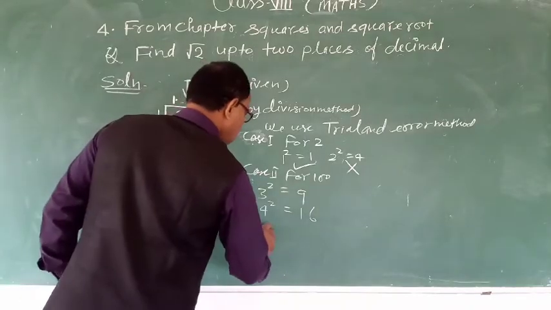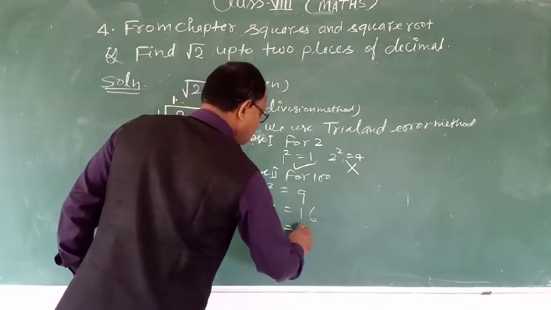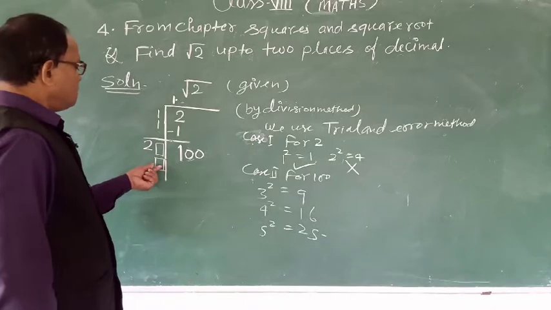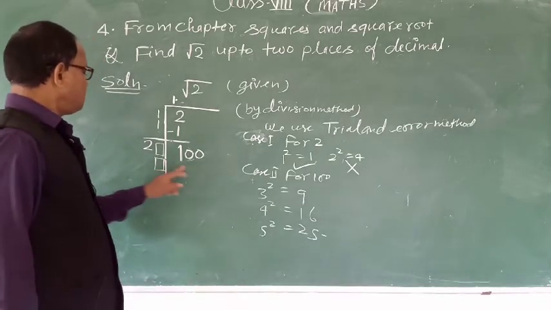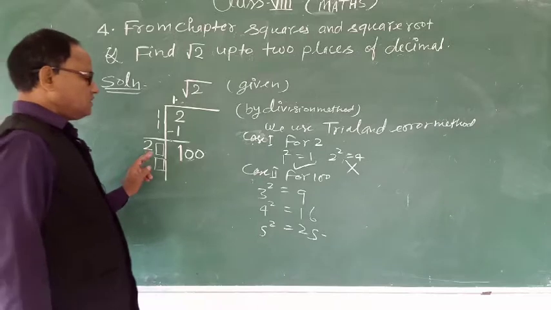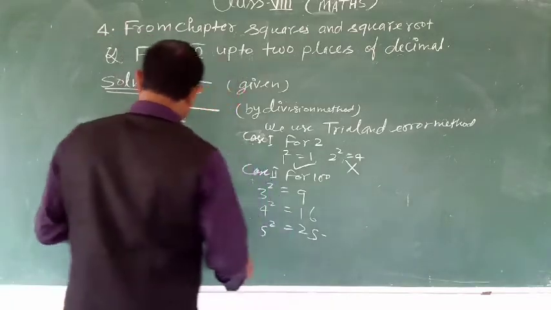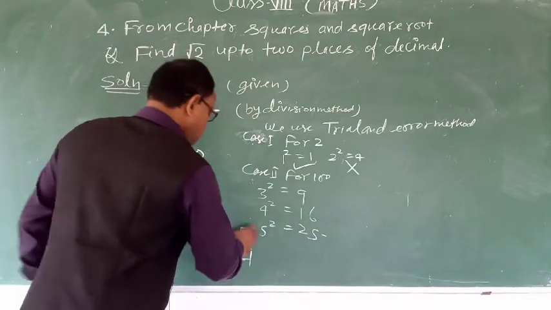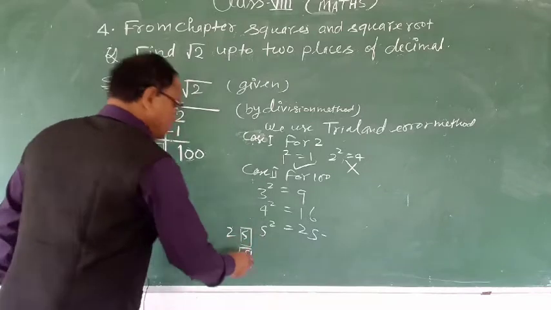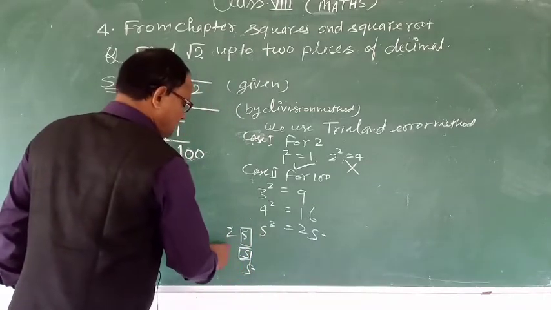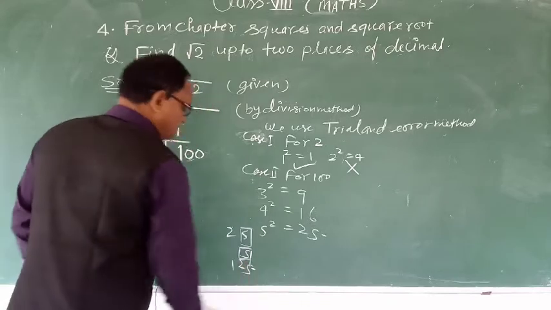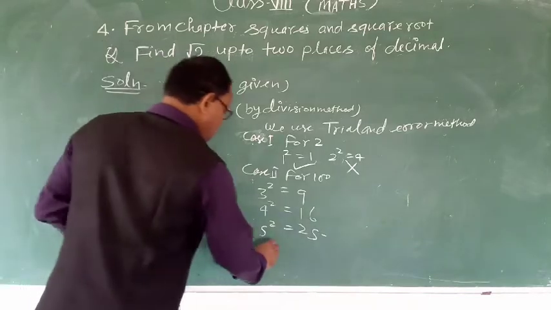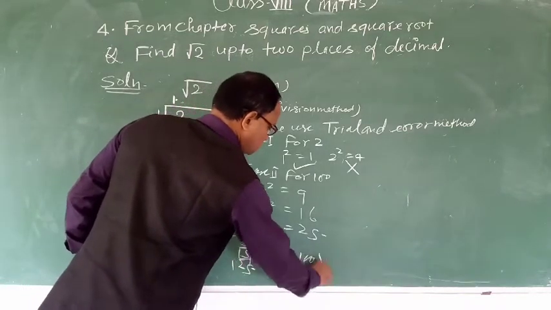And here 5 square is equal to 25, 5 5s are 25, 5 2s are 10, 10 to 12, which is greater than 100. 125 is greater than 100, then it is not correct.